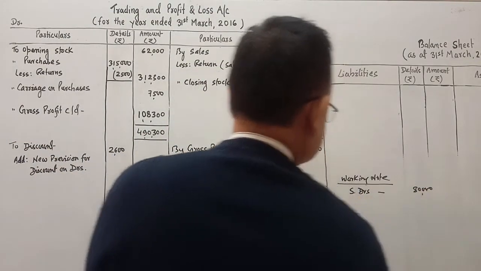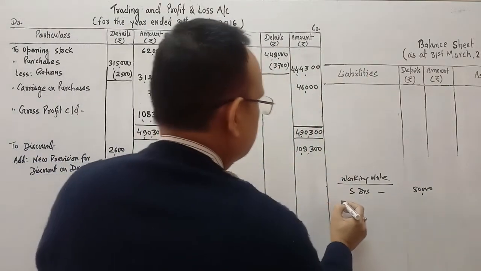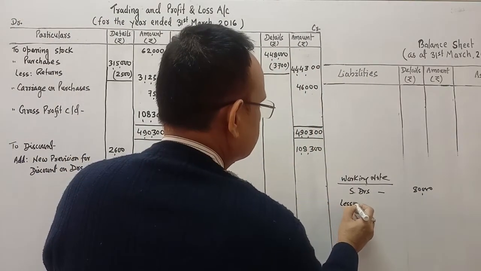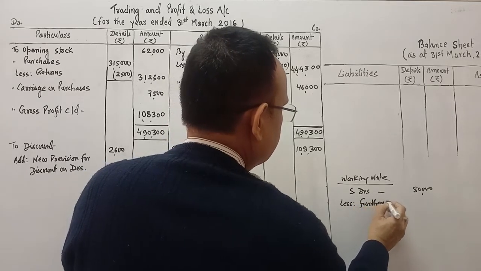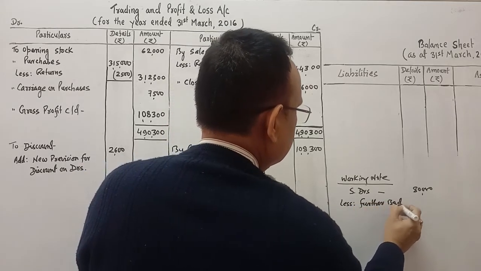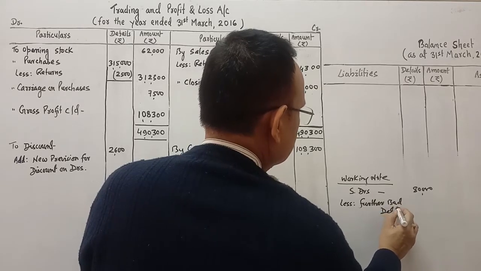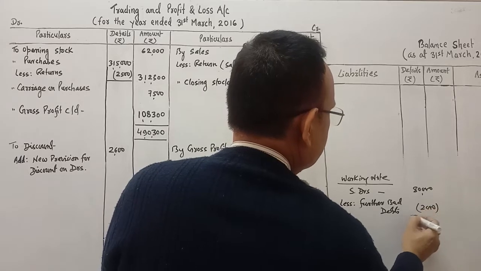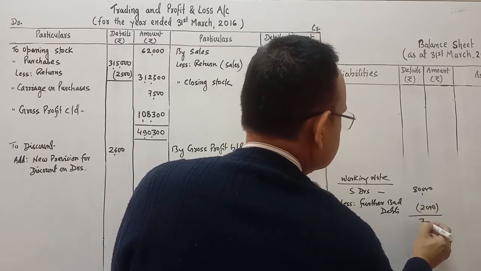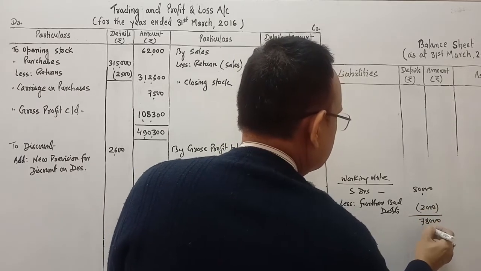You deduct the further bad debts, 2000. So after deduction of further bad debts it is 78,000.